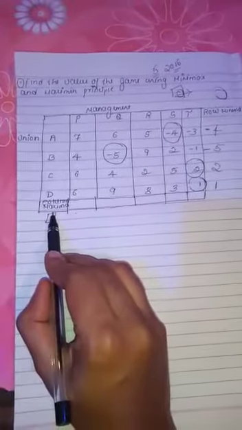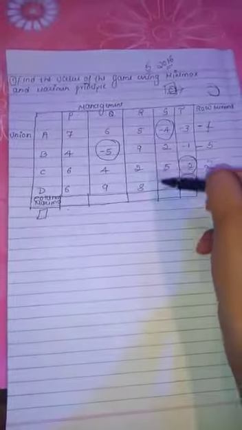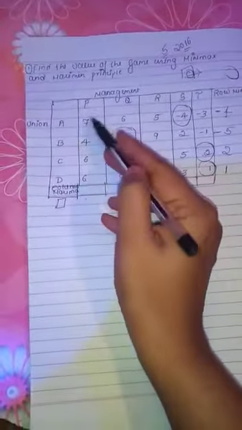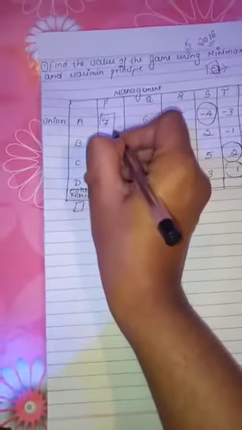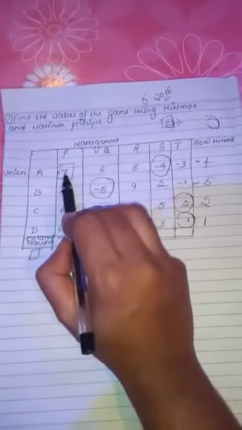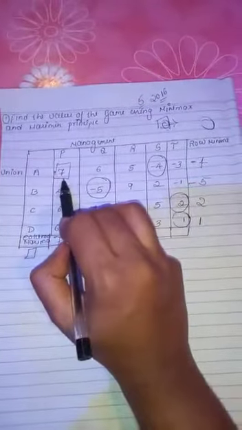Next, column maxima. Column maxima means in each column you have to select the maximum value. Minimum value in each row, maximum value in each column. In the first column, the maximum value is 7, so put a square on it.